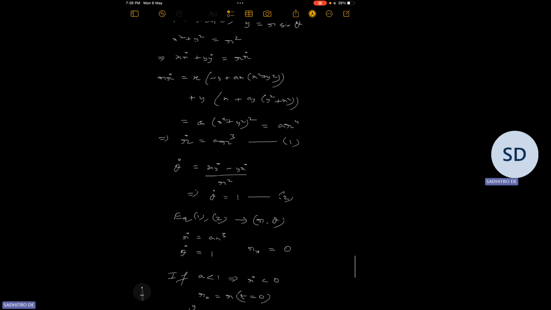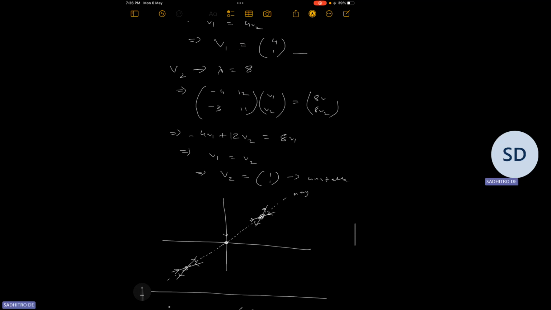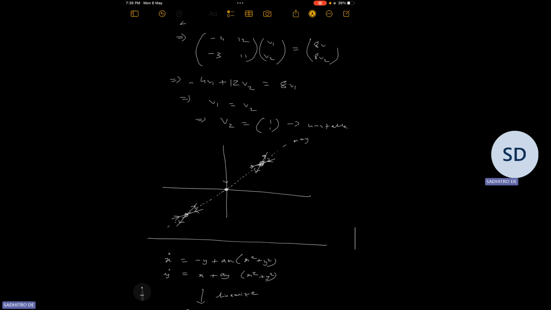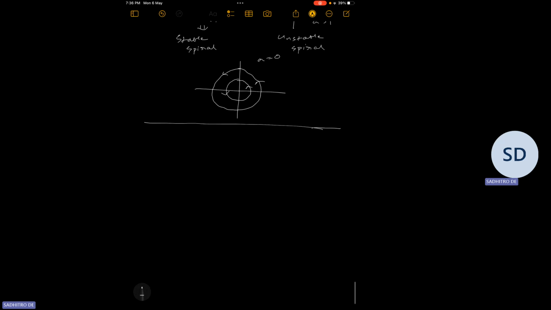First thing which I would like to talk about is this problem which I've shown over here. We had made a slight mistake over here. I'll correct the mistake right now. So basically the phase portrait should look like this. This was the stable fixed point, and there were unstable fixed points along the line x equal to y.